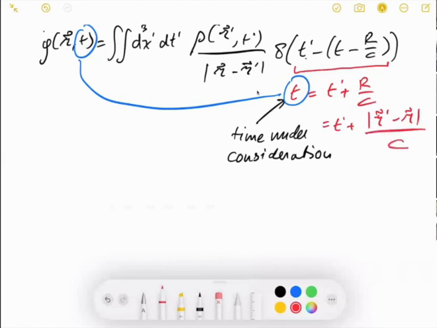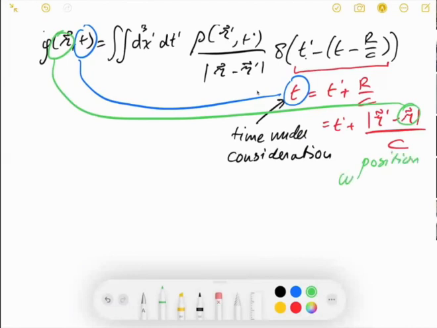Then the r vector is the position under consideration, so that's this. All right, so that's the position under consideration.